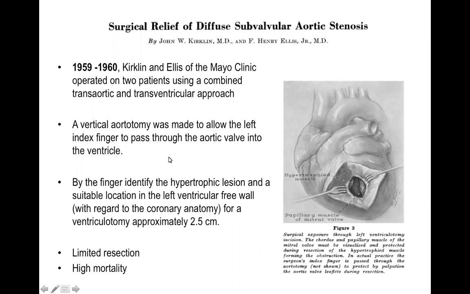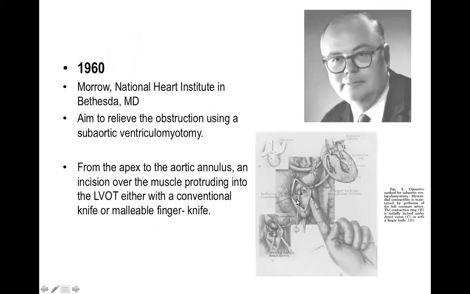A vertical aortotomy was made to allow the left index finger to pass through the aortic valve into the left ventricle, the hypertrophic lesion was identified by the finger, and then the ventriculotomy was done on that side. Again, there was high mortality.